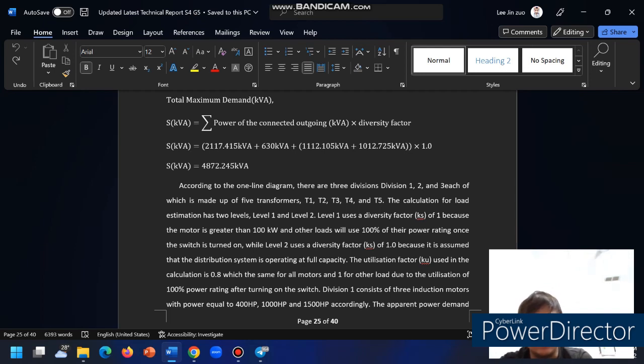Level 1 uses a diversity factor of 1 because the motor is greater than 100 kilowatt, and other loads will use 100% of their power rating once turned on. And level 2 is also 1.0 because it is assumed that the distribution system is operating at full capacity. And the utilization factor used in the calculation is 0.8 for all motors, and 1 for other loads due to the utilization of 100% power rating after turning on.